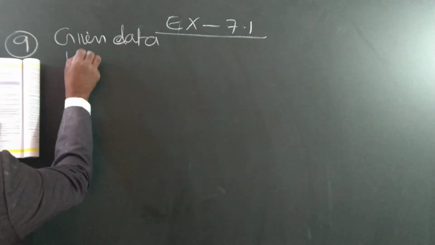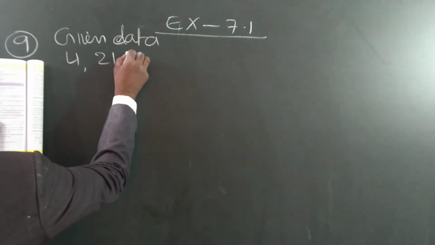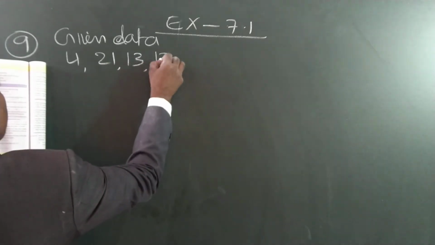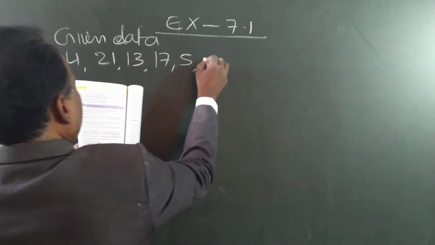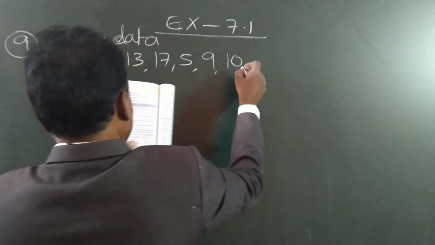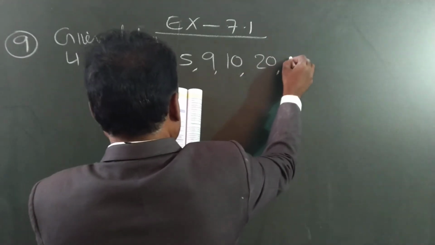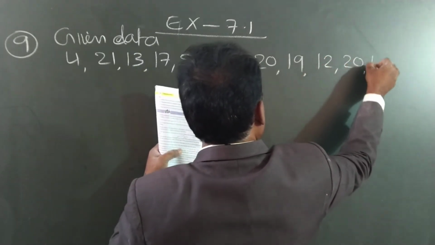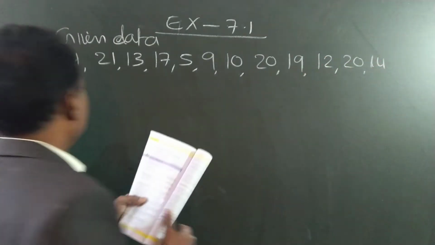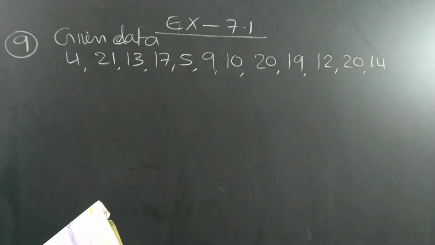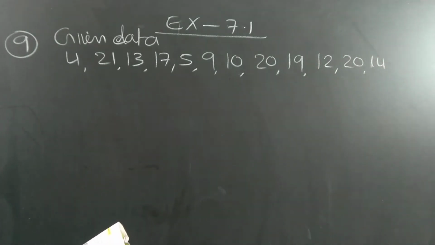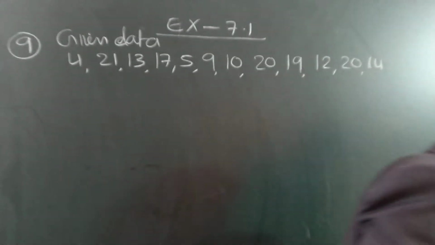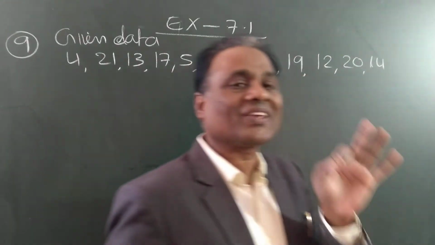Already you wrote it: 4, 21, 13, 17, 5, 9, 10, 20, 19, 12, 20, 14. This is the data. The question is: find the arithmetic mean using assumed mean.